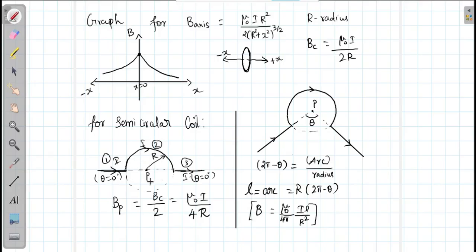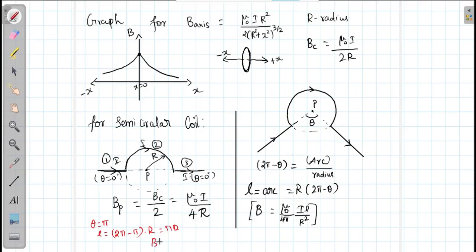So this is the formula. Now check the same with the previous case. For the semicircular coil, theta is equal to pi. Therefore, the value L is equal to 2 pi minus pi, into r, therefore pi r.